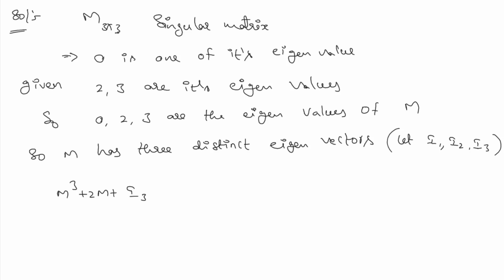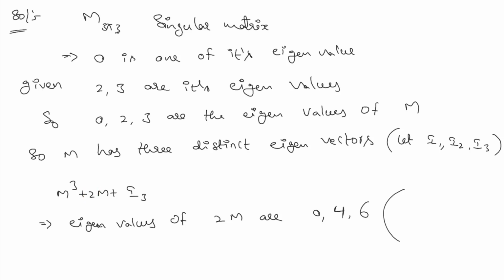We have the eigenvalues of M as 0, 2 and 3. From this, the eigenvalues of 2M are 0, 4 and 6. These are the eigenvalues of the matrix M multiplied by the scalar 2.